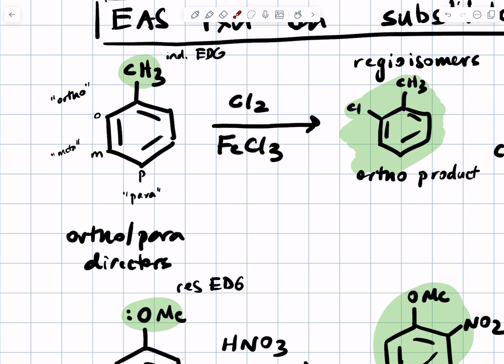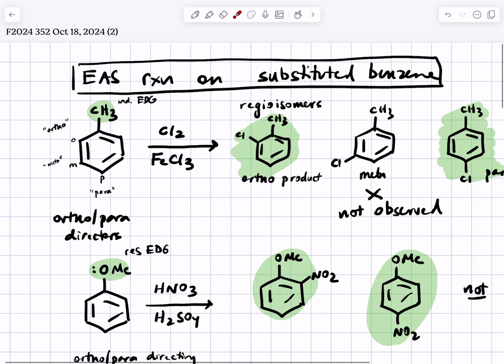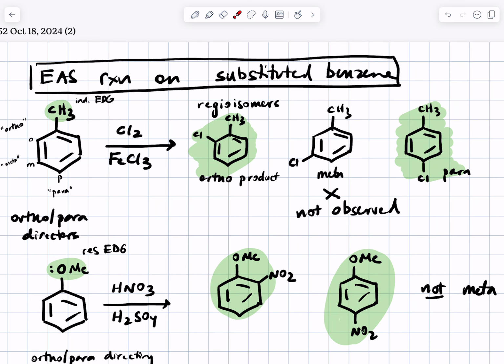You've got ortho, meta, and para carbons, and for this methyl group, you tend to see the subsequent reaction happen on the ortho and para carbons, but not on meta.